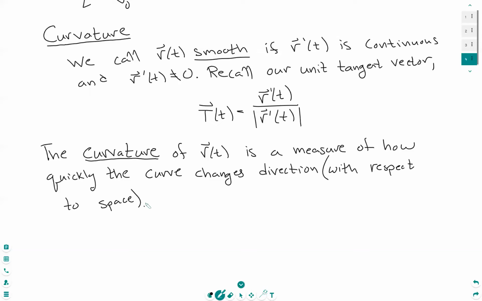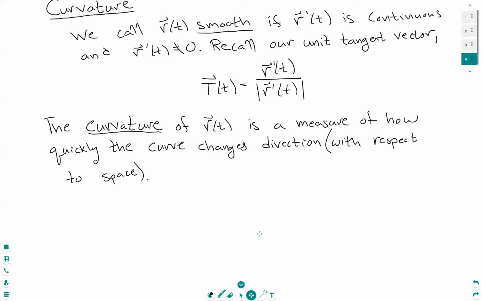The velocity is how quickly the particle is moving with respect to time, not how quickly the path changes with respect to space. Like how sharp of a turn, if you're in your car, are you making? It's not how quickly you're making the turn, but how sharp is the turn.